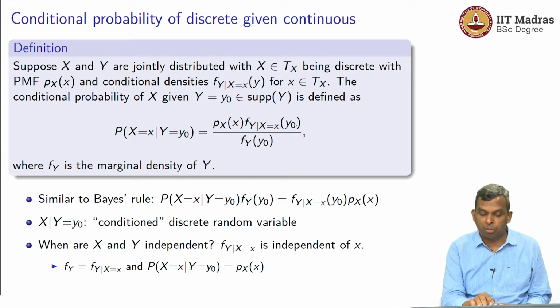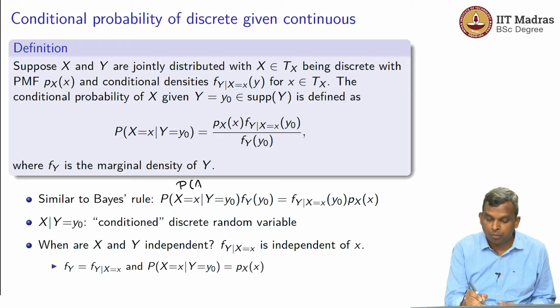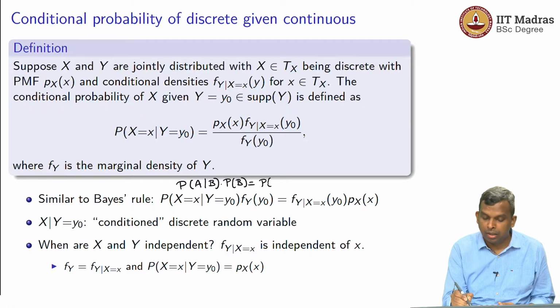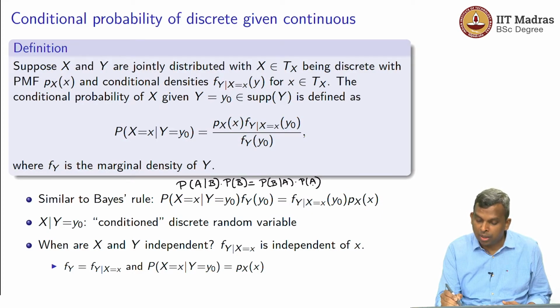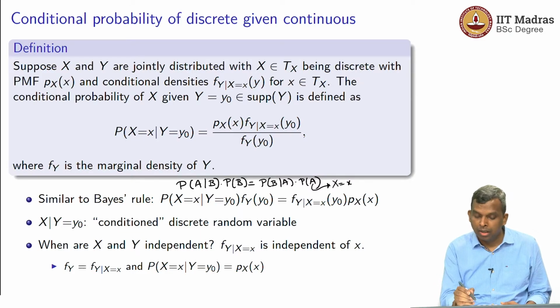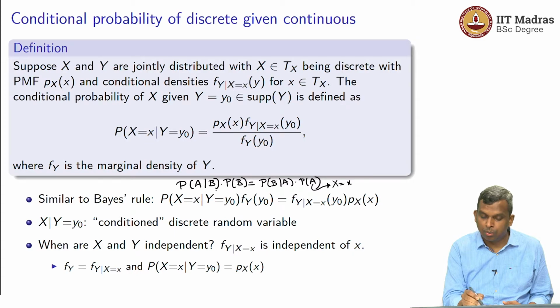Normally, how do you write Bayes' rule? You write it as the probability of A given B times the probability of B equals the probability of B given A times the probability of A. Here we have A being X equal to x, and B is like Y equals y naught.